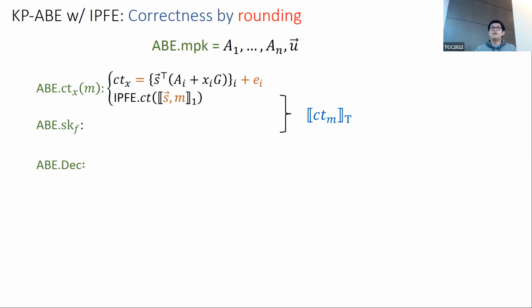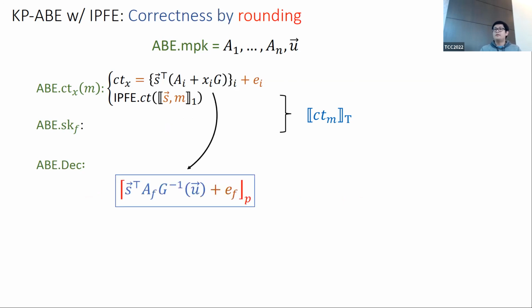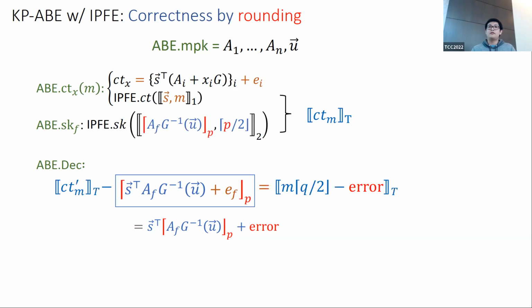Our solution is to apply rounding to the blue box term. We round it down to a much smaller modulus P that's independent of D. This rounded term roughly equals S times AF G inverse U, rounded down to P, plus some small error terms. Now we also apply rounding to the secret key.